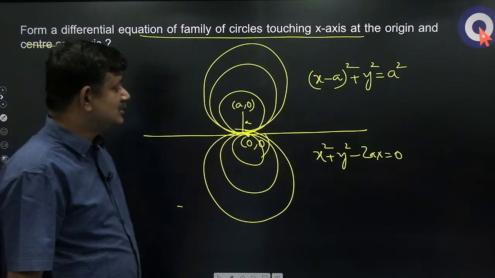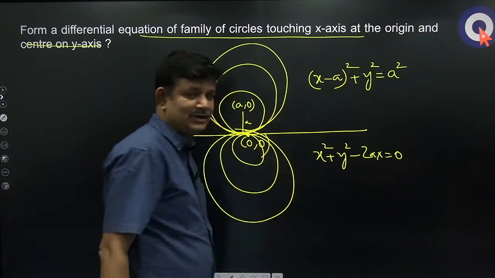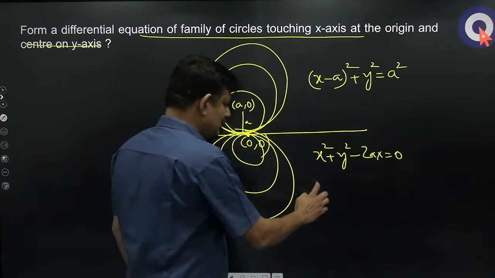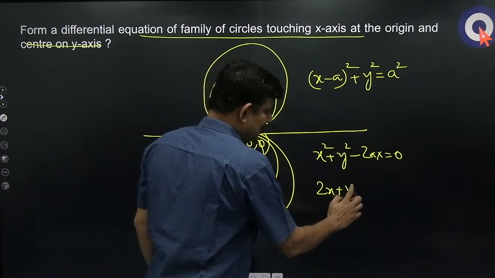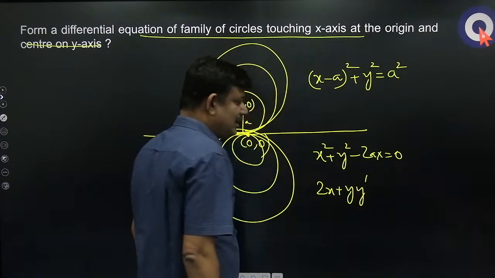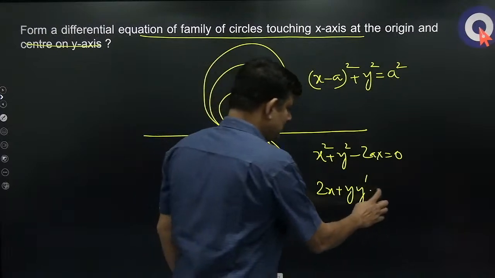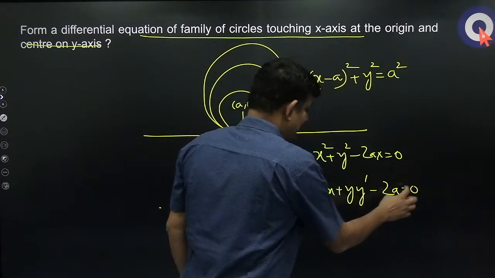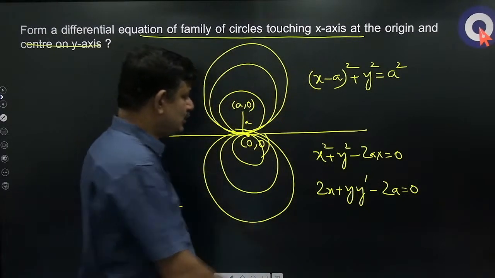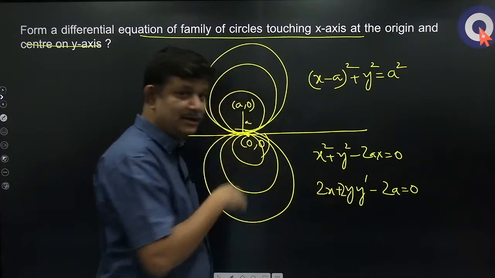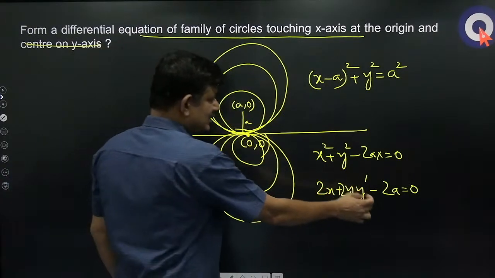Now how to form the differential equation? There is only one arbitrary constant a, so differentiate it once. 2x plus 2y y dash minus 2a y dash minus 2a is equal to 0, writing dy by dx as y dash. From here you get the value of 2a or a. So just replace it.